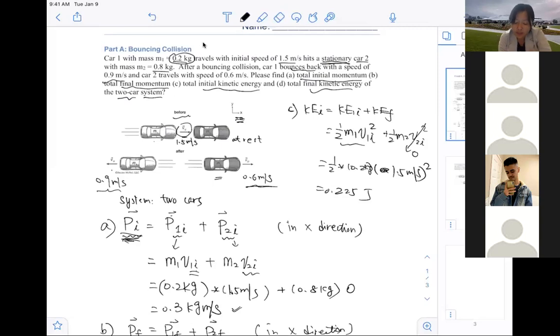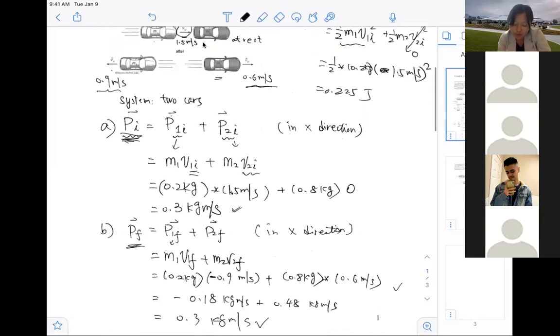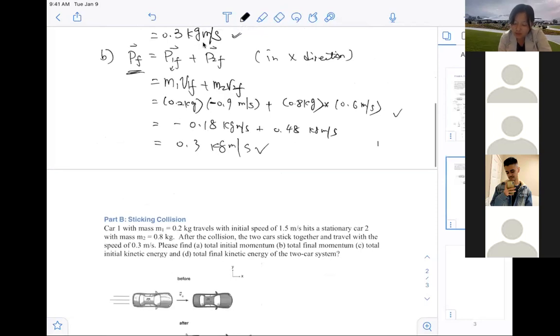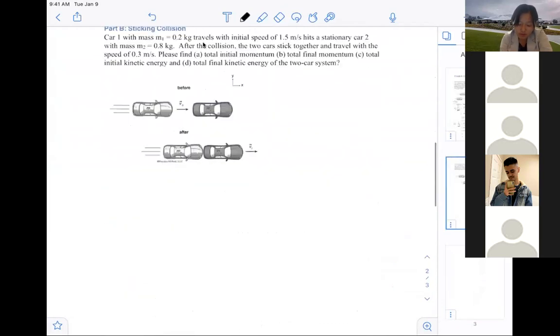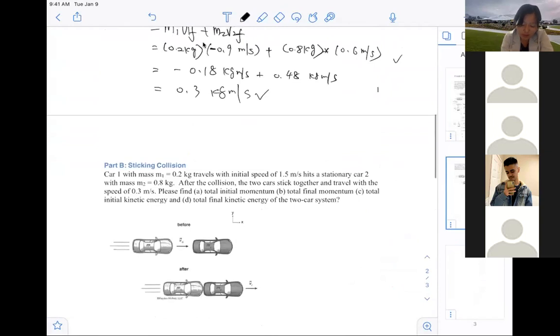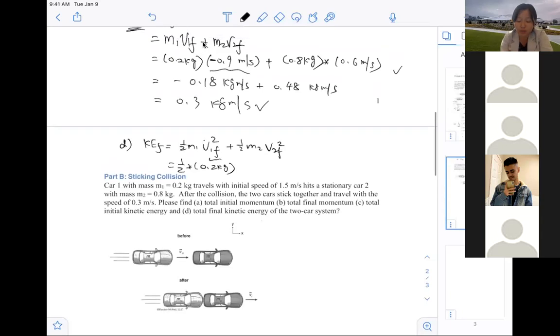And for final kinetic energy, very similar, but I just wanted to highlight one thing. Sorry, let's just write here. Part D is the first cart, the velocity final squared, and the second cart, the velocity final squared. For the velocity final, you can see that when we do the momentum, we use negative.